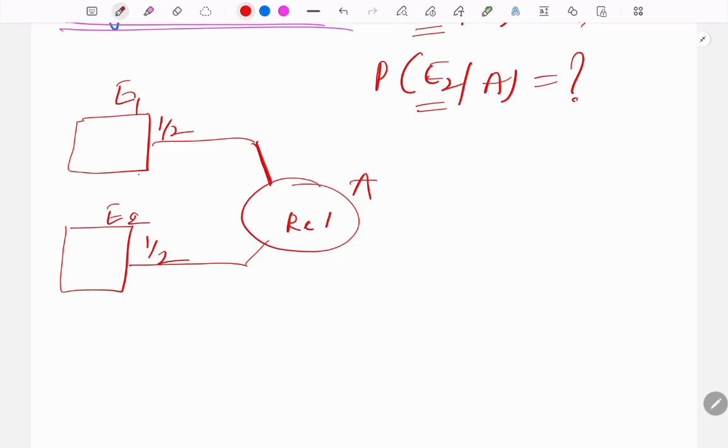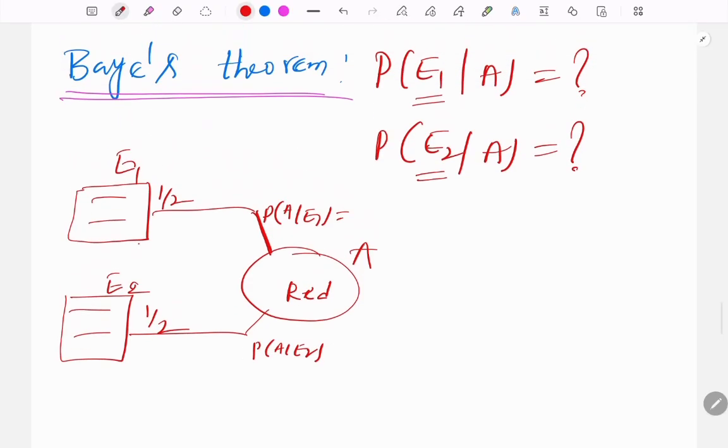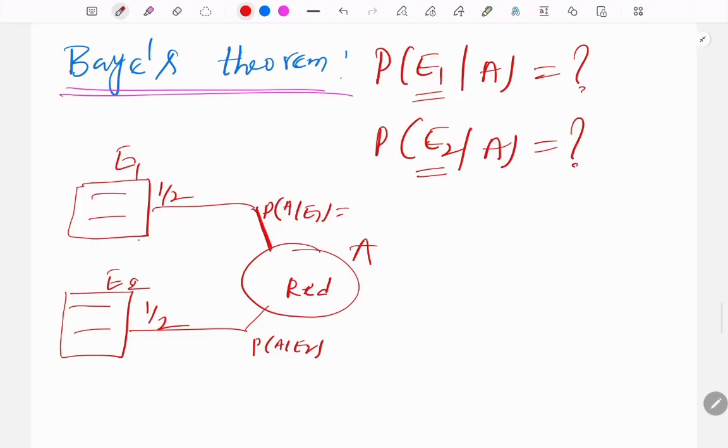Suppose it represents red and one more color, and this is red and one more color. Then we can easily find it by using E1, right? P of A given E1. So write down how many reds are there like that. Here P of A given E2 also we can write. Now what will they ask here, right? They are asking here what is the probability when A has occurred. It means they are asking the first one's probability.